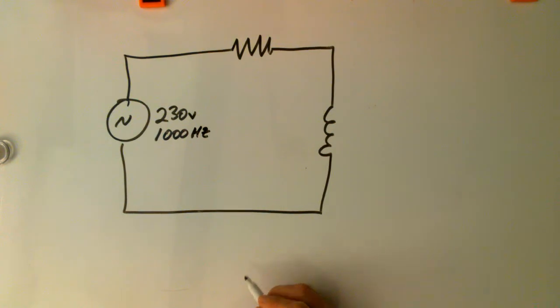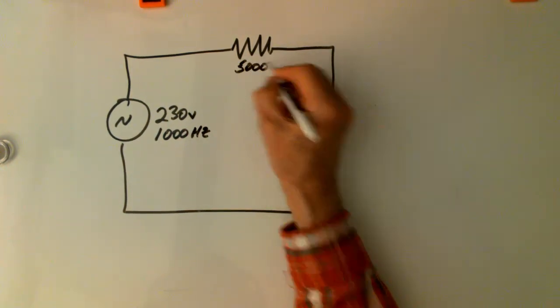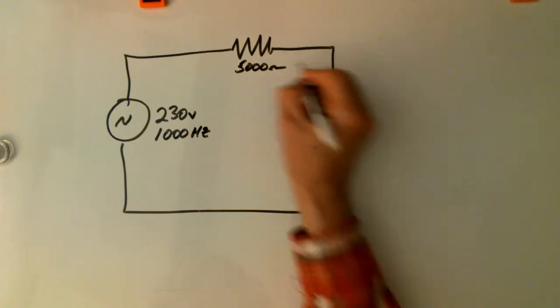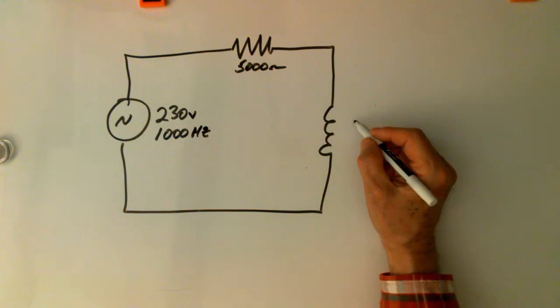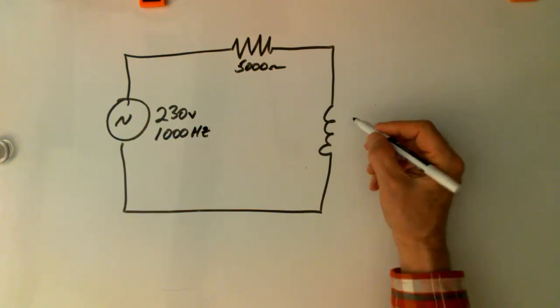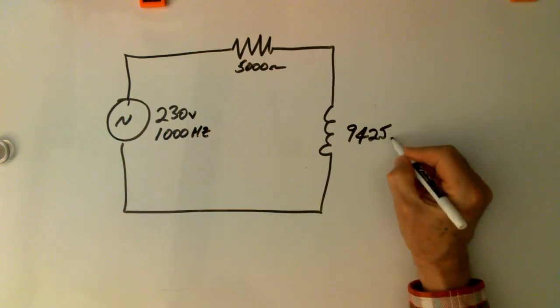There's my circuit. I've got 5,000 ohms here. I've got 9,425 ohms here.